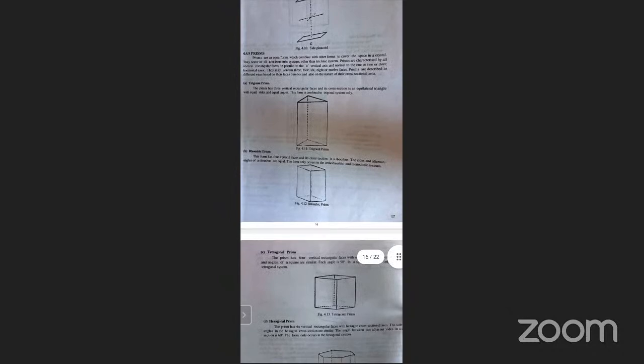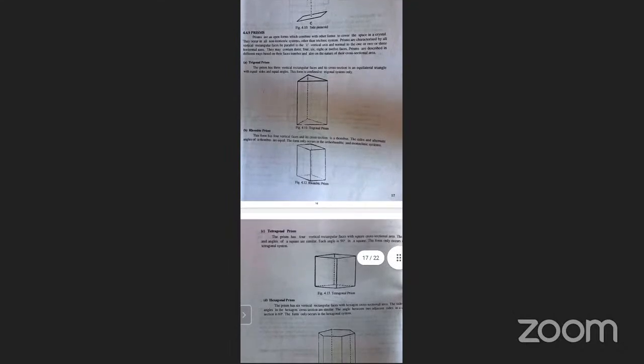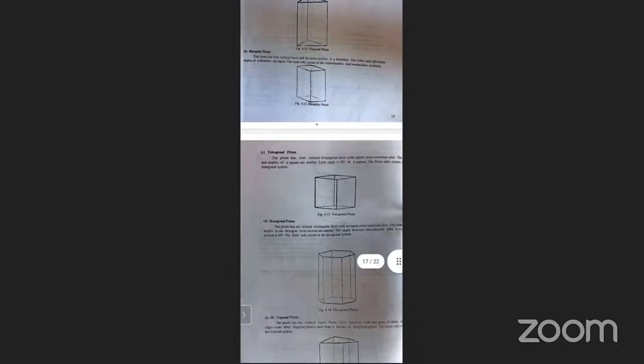In a rhombic prism, the form has 4 vertical faces and its cross-section is a rhombus. The side and the alternate angles of a rhombus are equal. The form only occurs in the orthorhombic and monoclinic systems.